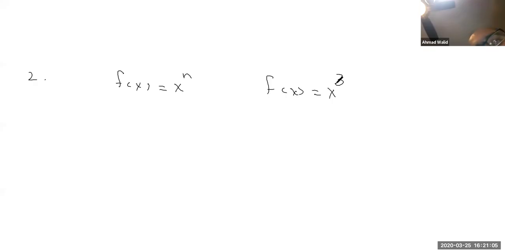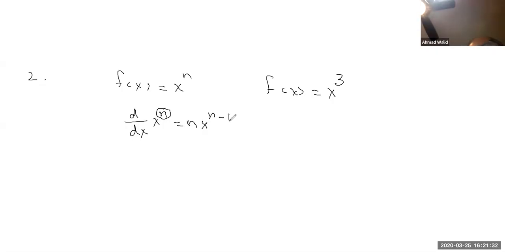How to find the derivative of x to the power of n? The first derivative of x to the power of n, d over dx of x to the power of n, what is the rule? Always, whatever the exponent is, bring it as a coefficient. Then your variable, and subtract always 1 from the exponent.